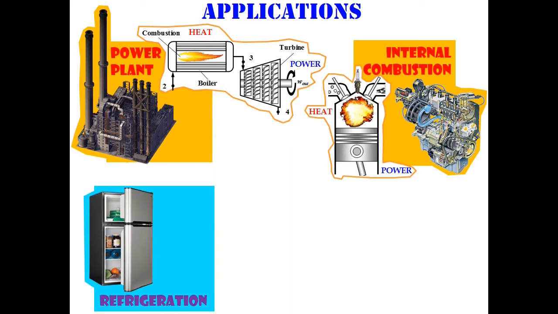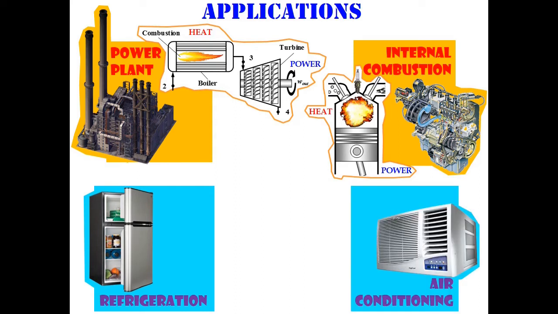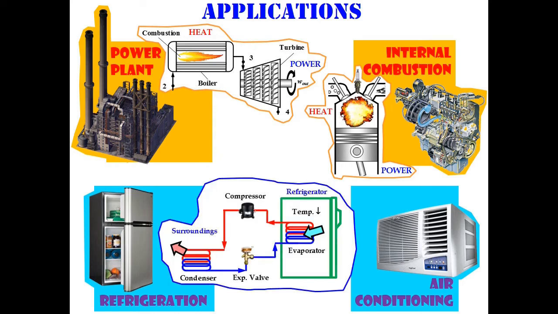The third application is in the refrigeration and also the air conditioning system. For this system, we need to supply power to the compressor, and from the system we need to absorb heat and also release heat in order to reduce the temperature of the confined space for the refrigeration system and also for the air conditioning system.